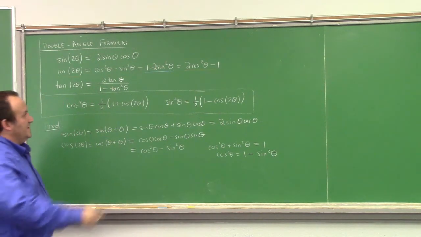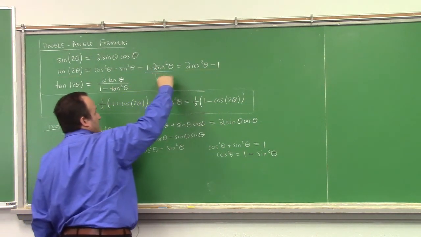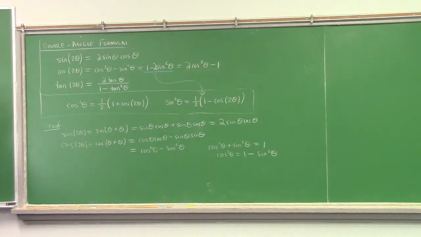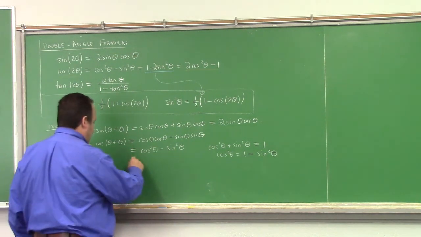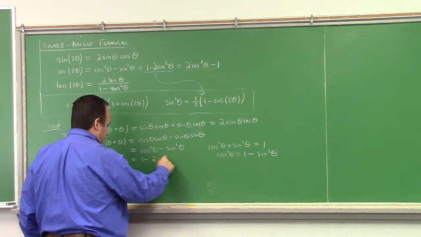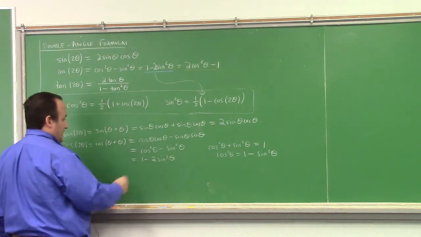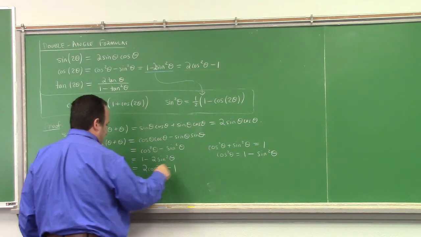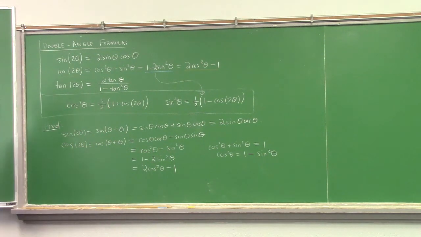And that's important because that 2 goes into deriving this formula down here. That's where that half comes from, actually. So this is equal to 1 minus 2 sine squared theta, which could also be written as 2 cosine squared theta minus 1 by essentially the same bit of algebra.